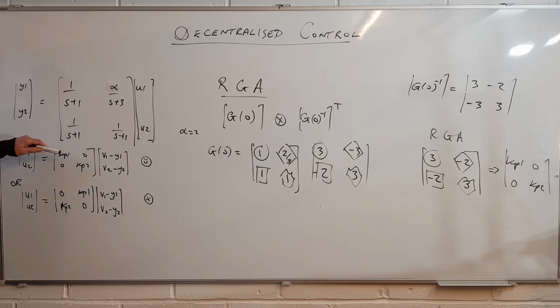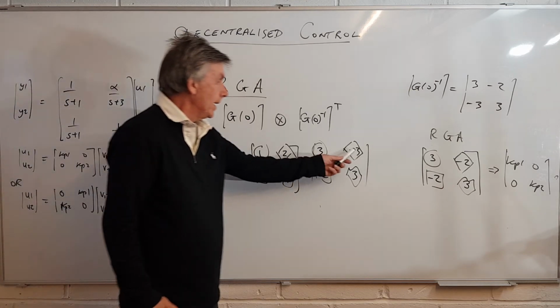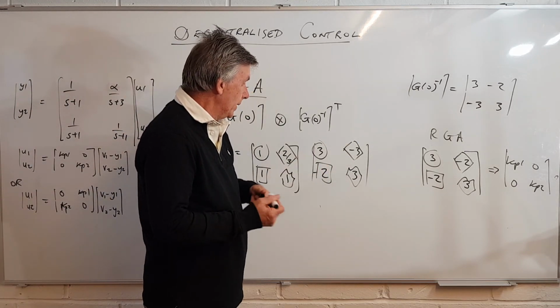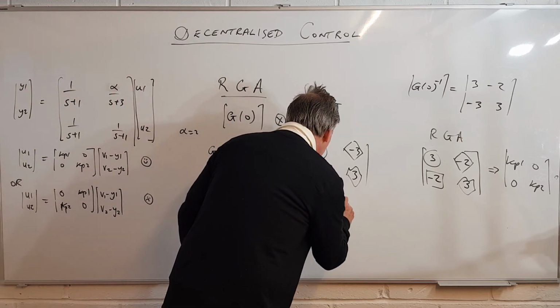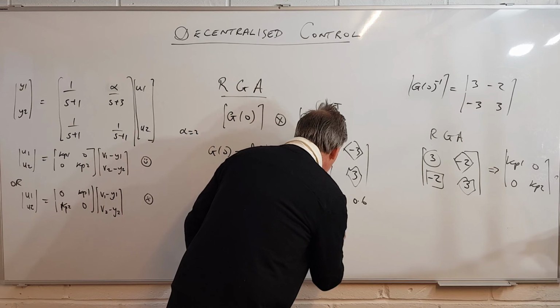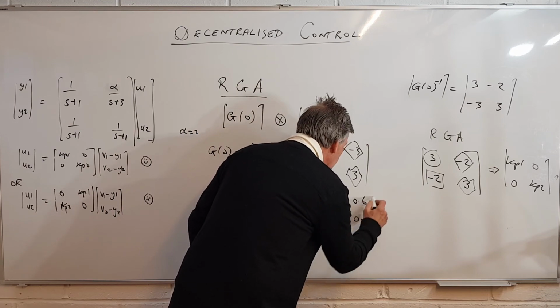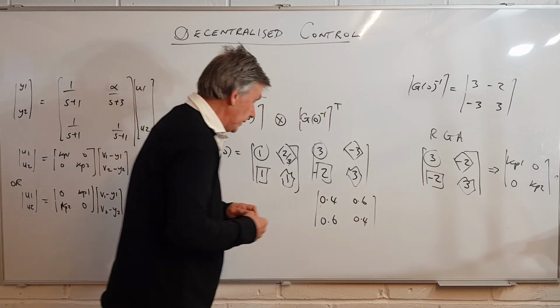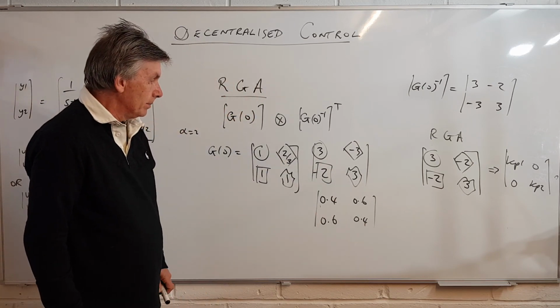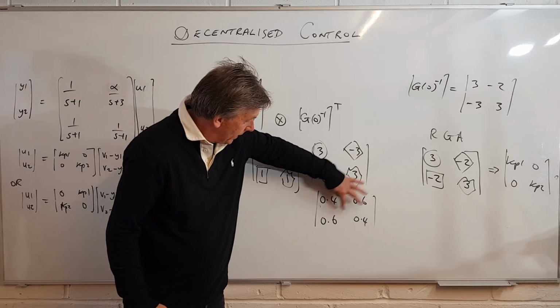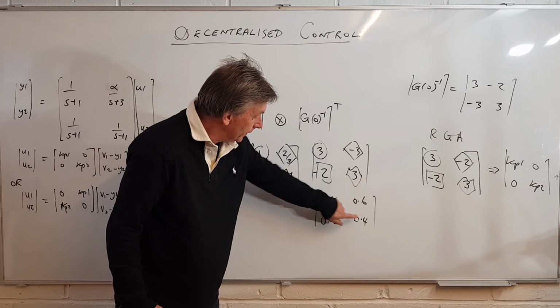In some cases, these numbers will add up to 1 but both be less than 1. So you could end up with a situation like 0.4, 0.6, 0.6, 0.4 in a different situation. Again, the numbers add up to 1, but in this case you'd probably go for the bigger numbers rather than the smaller ones.